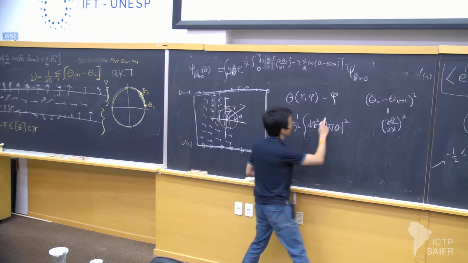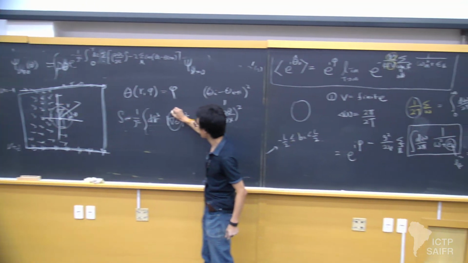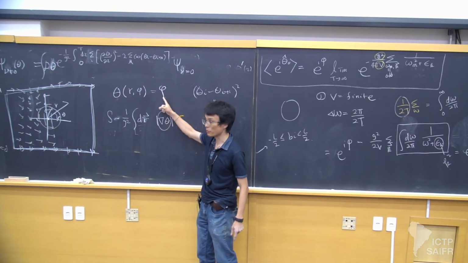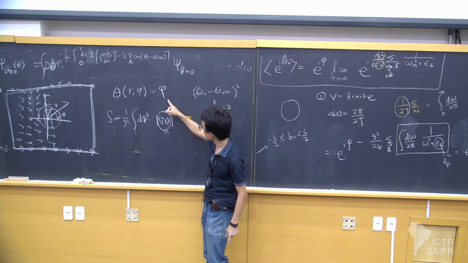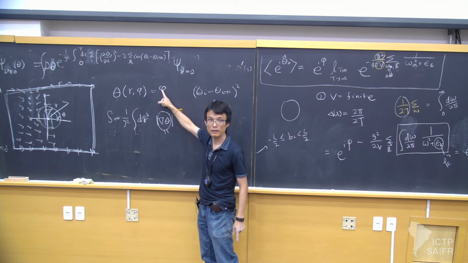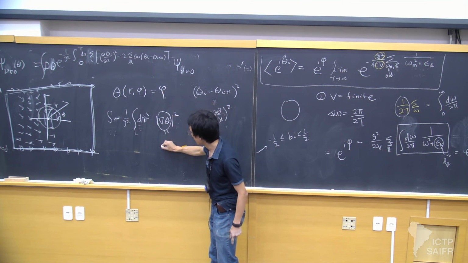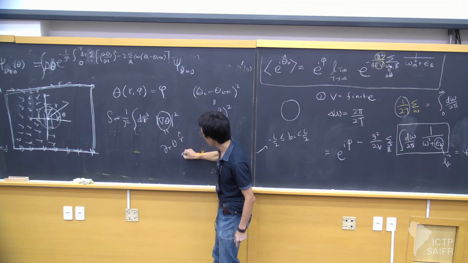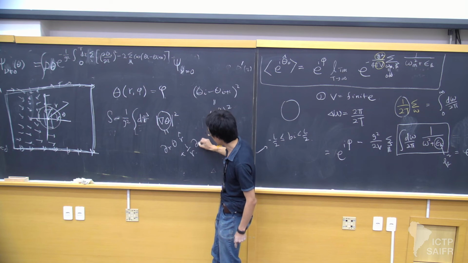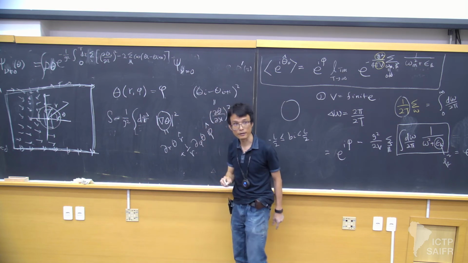But for this configuration, what is the gradient in polar coordinates in 2D? It depends on your angle. So it's the r derivative of this in the r direction, then 1 over r times the phi derivative of this in the phi direction, right? This is the gradient.